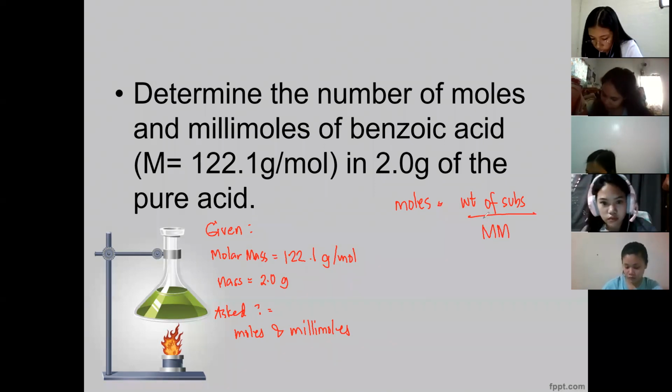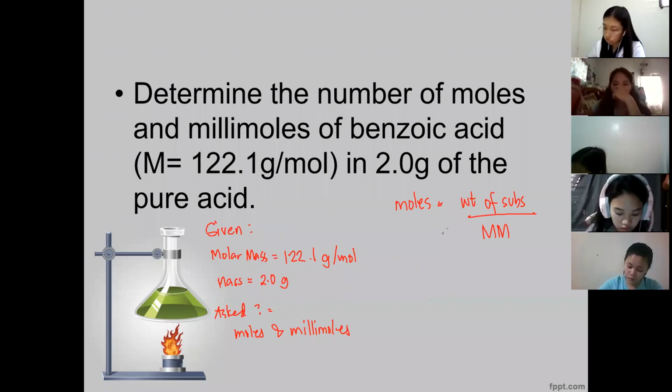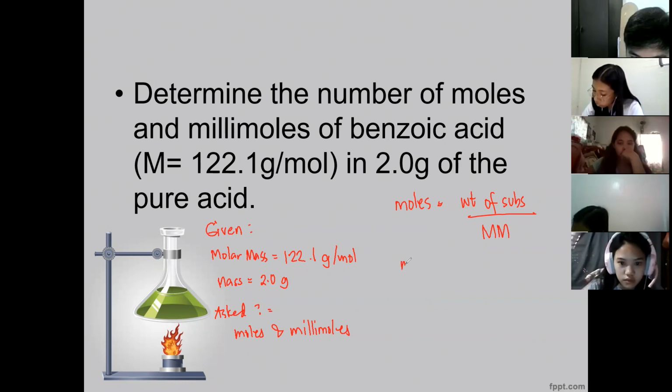So again, I use this formula para uniform tayo, dili na ta maglibog kung unsay buhaton, unsay pagkasunod-sunod sa computation. Again, moles is equal to the weight of substance divided by its molar mass.